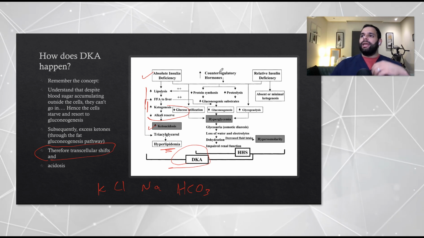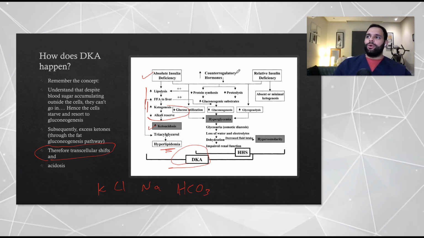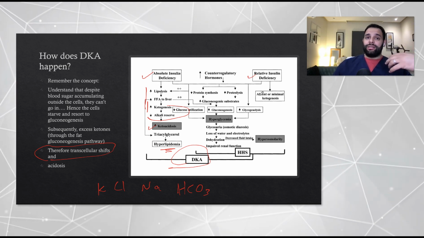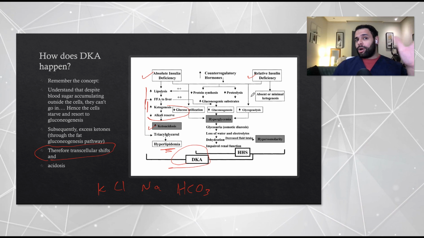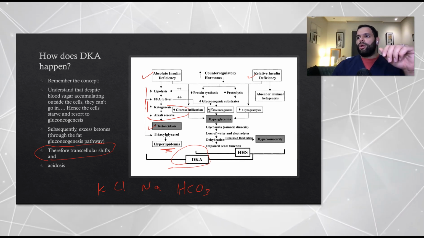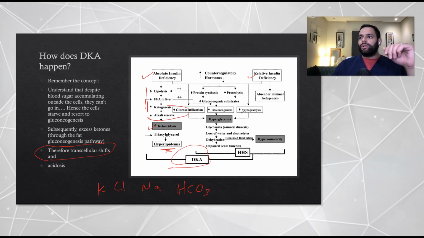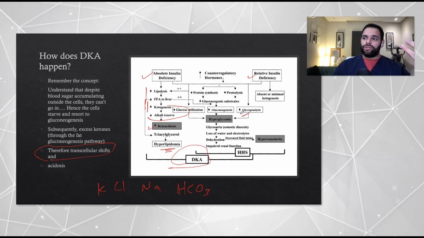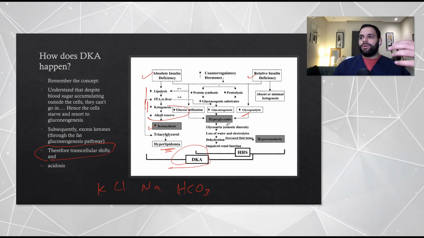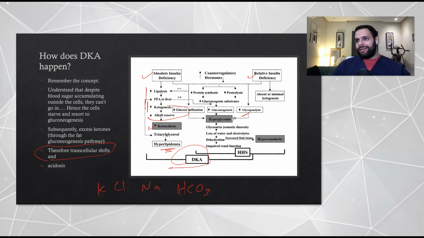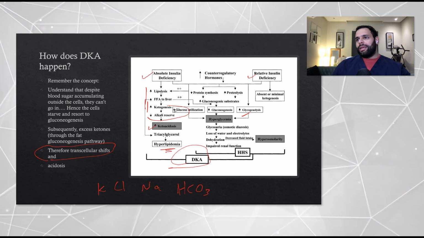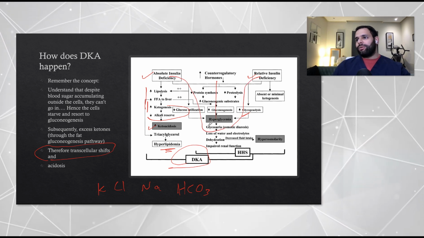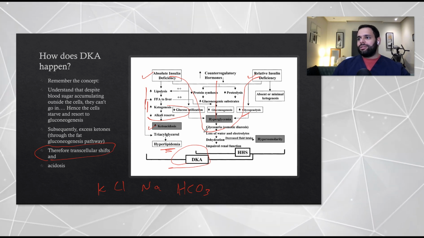When you have some counter-regulatory hormone or relative insulin deficiency, so some insulin is still there but it's either not working or is partially deficient, then you will also have some glycogenolysis happening to try to release glucose from glycogen stores, and that will also cause hyperglycemia, contributed to by absolute, counter-regulatory, and relative insulin deficiency, leading to DKA.